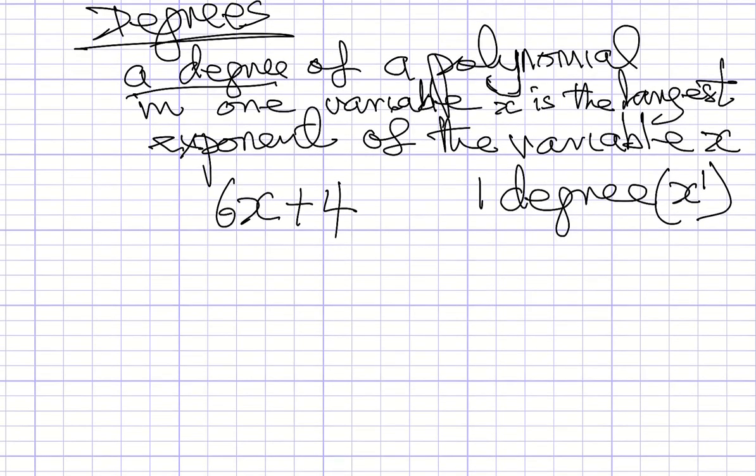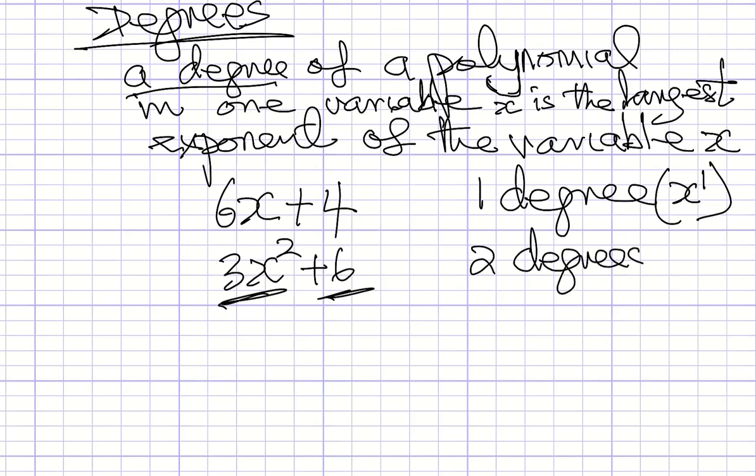Look at this example: 3x^2 + 6. It's a polynomial with 2 terms, but it has degree 2, because x has the exponent 2.